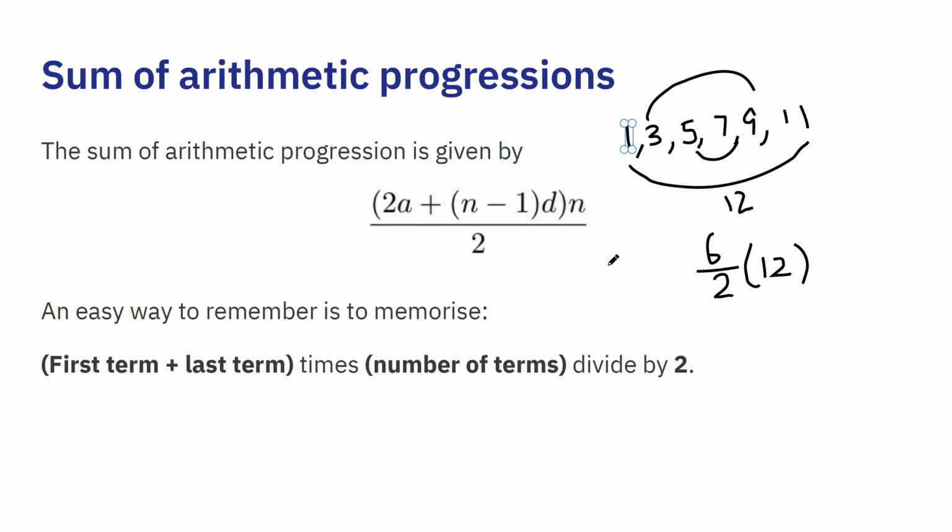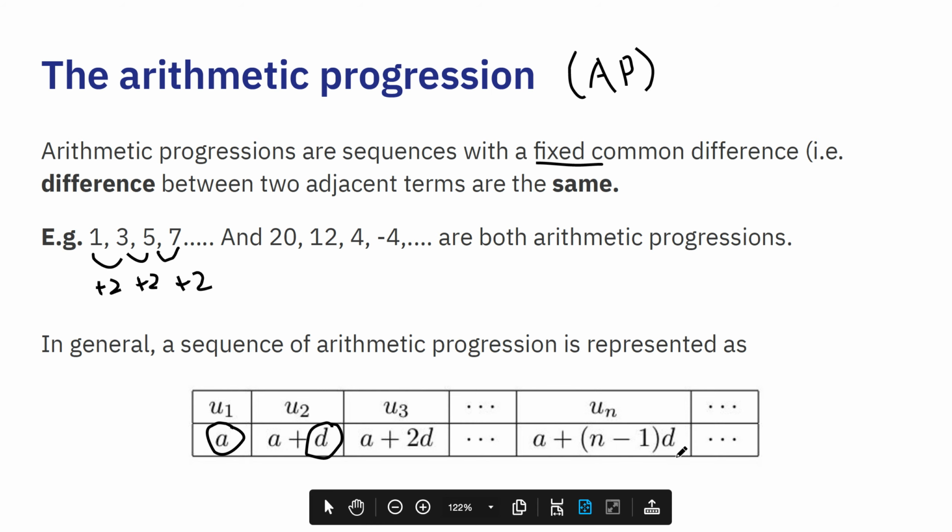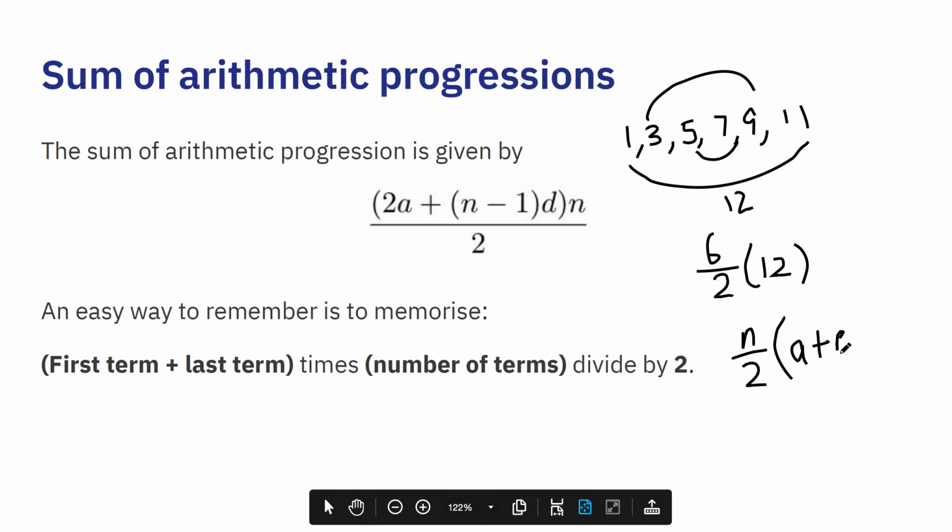So if you look at it in this formula over here, n is the number of terms, divided by 2 because n over 2 is the number of pairs we have, right? And then now we want to find the sum of each pair. So we look at the first term being A, and the last term being A plus n minus 1 times D, right? So we just add it like this.